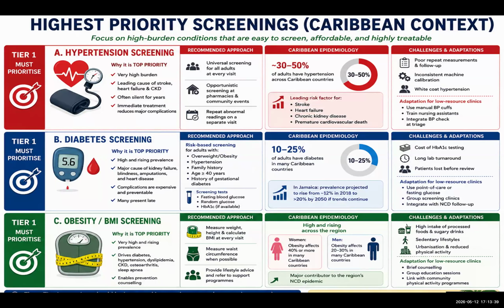So across the board, these are easy tests to perform at every visit that essentially are universal screening for all adults, whether it be opportunistic screening or whenever we get a chance, right?